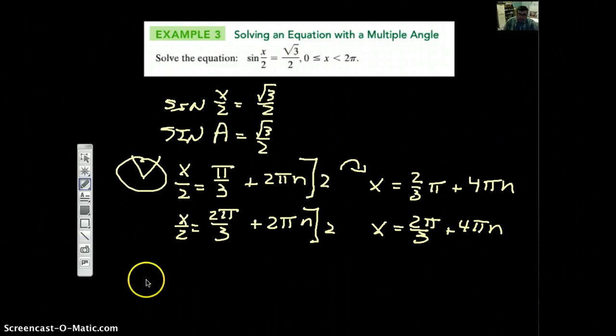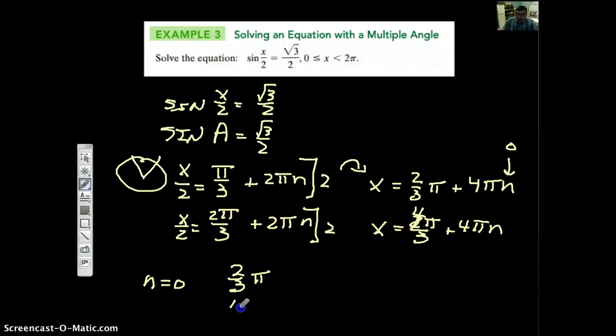Now, let's start with n is equal to 0. If n is equal to 0, the top equation is going to just give us 2/3 pi, right? Because that's 0, and then that would just knock that out. The other one would give us 2. Did I not write that right? Multiply by 2, that should be a 4. Okay, I'm sorry.